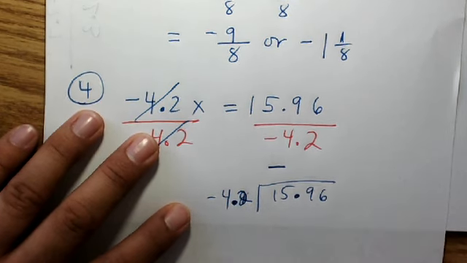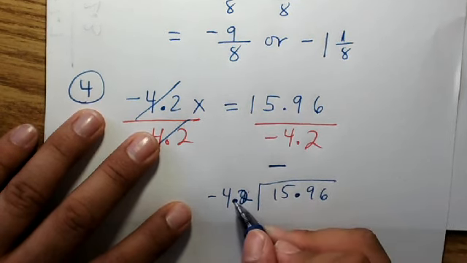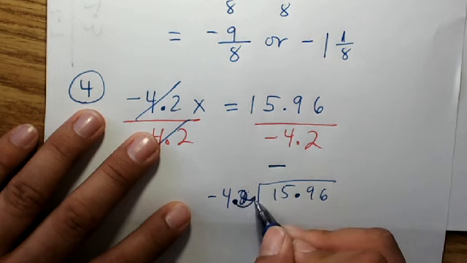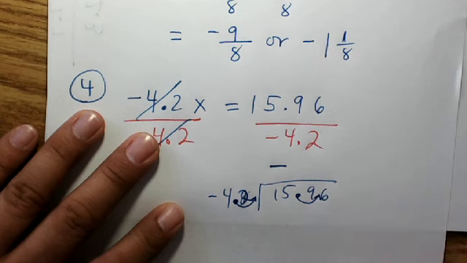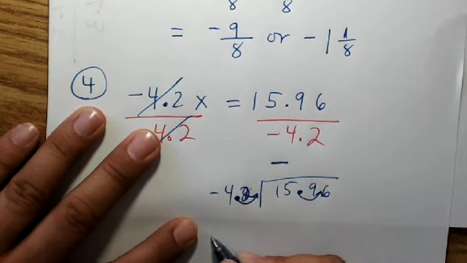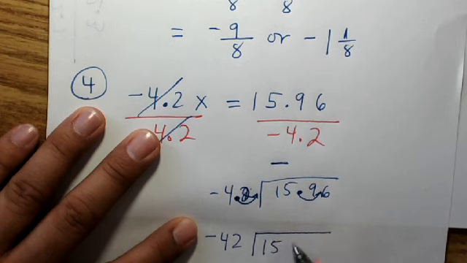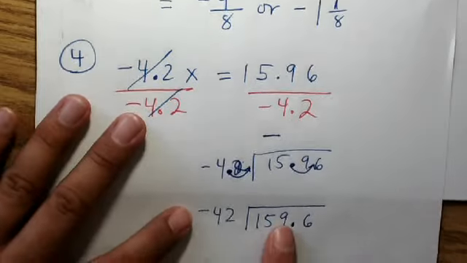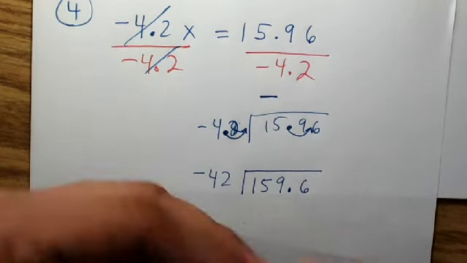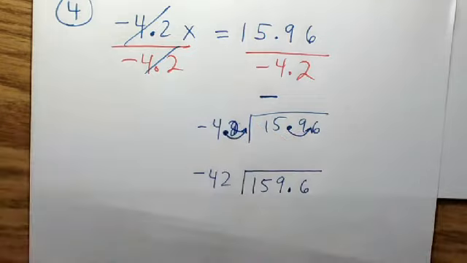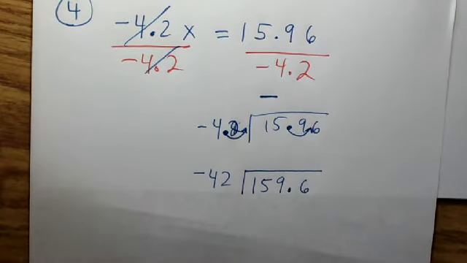You would have to move this decimal over once. That means you would have to move this decimal over once. Therefore, you would actually have negative 42, and on this side you'd have 159.6. I always like rewriting the division when I'm doing that. If not, it starts looking like too much stuff going on there.